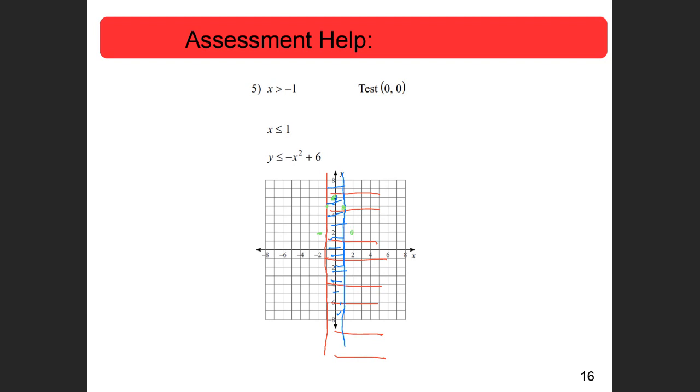So this is my parabola. Now, where do I shade it? y is less than, so it's going to be below. So my solution is everything between these two lines and below that parabola. So this would be my solution.